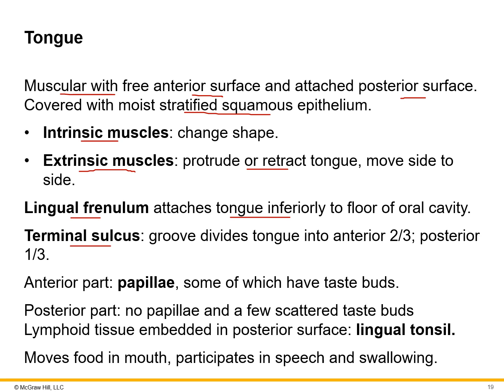The terminal sulcus, which is the groove that divides the tongue into the anterior 2/3, posterior is about 1/3. And then the anterior part has those papillae, which are part of our taste buds. The posterior part, we don't have any of those papillae and no taste buds back there. Just a few scattered ones. And then the lymphoid tissue is embedded in the lingual tonsil. And ultimately, the tongue is used to move the food in the mouth, as well as helping with speech and swallowing.